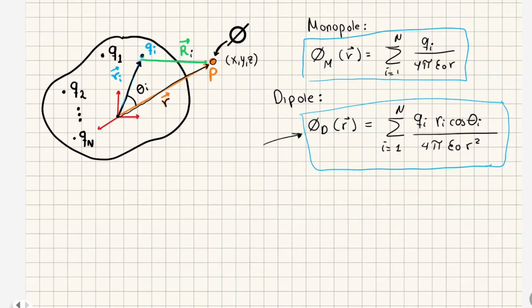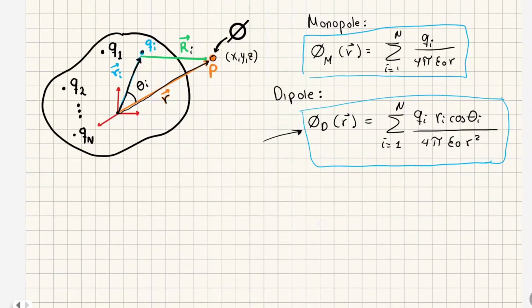Looking at, for example, a vector r that is pointing to P, and this vector ri which is pointing to the charge qi. We know that r dot ri will be the magnitude of r times the magnitude of ri times cosine of theta i.